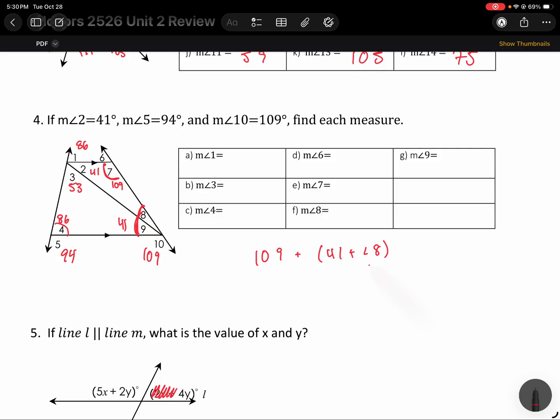So this will end up leaving me with 30 degrees, meaning that angle 6 is 71 degrees since it's corresponding with angles 8 and 9 combined. Looks like that finishes up my angles. So angle 1 is 86, 3 is 53, 4 is 86, angle 6 is 71, angle 7 is 109, angle 8 is 30, and angle 9 is 41.